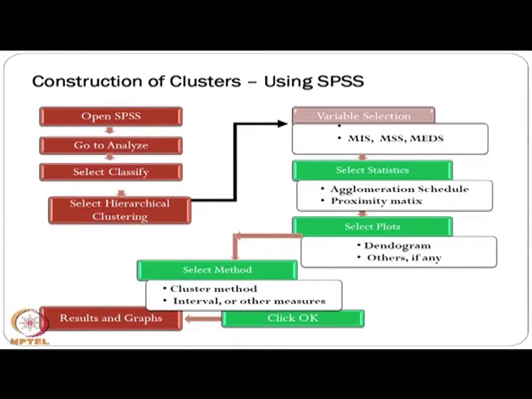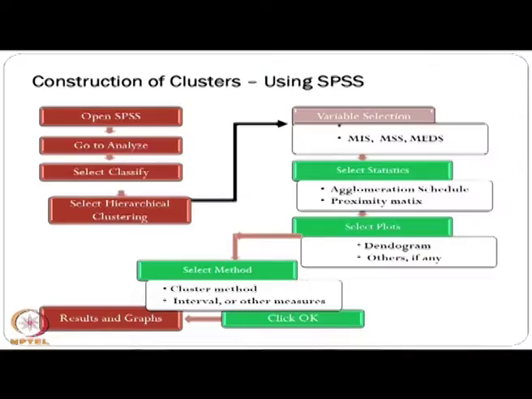Now I will show you, suppose you want to run SPSS for clustering, how do you go about it? In a few classes earlier I have shown you how to run SPSS for different models, and this is the flow chart for running SPSS for clustering. You open SPSS, go to Analyze, then select Classify, select Hierarchical Clustering, then you select variables.